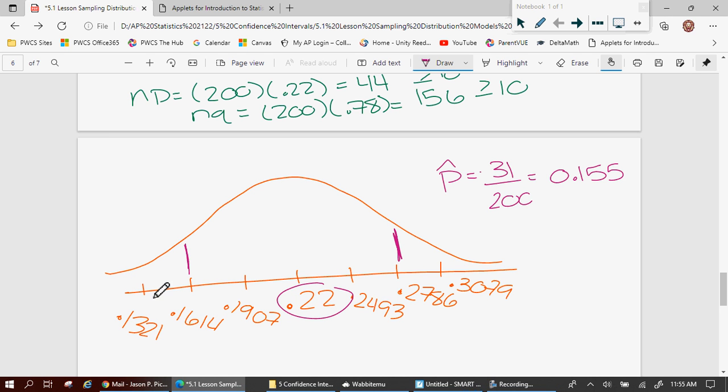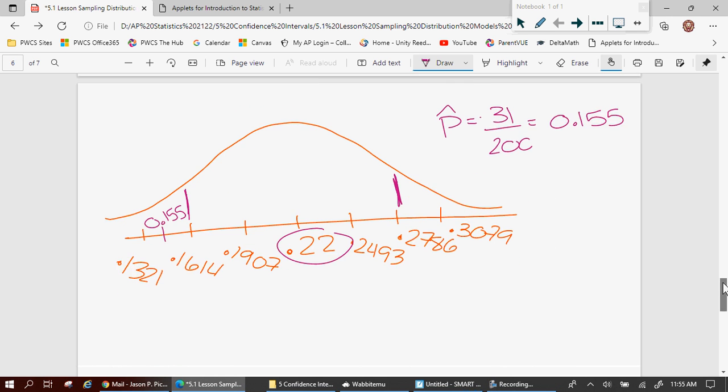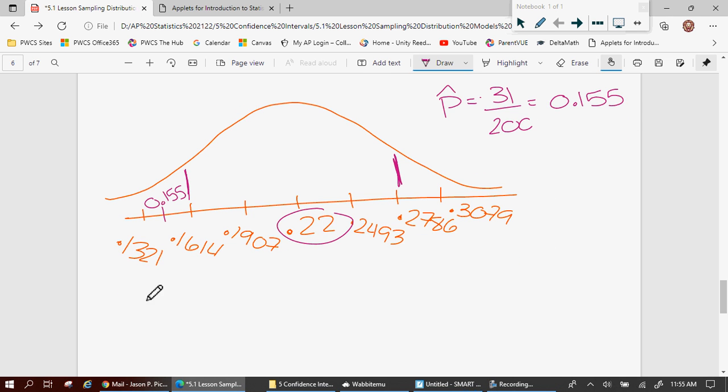And so our 0.155 is somewhere in here. So our sample is smaller than 2 standard deviations below. It's unlikely to happen. And so this would be considered, yes, we would say this is unusually small.